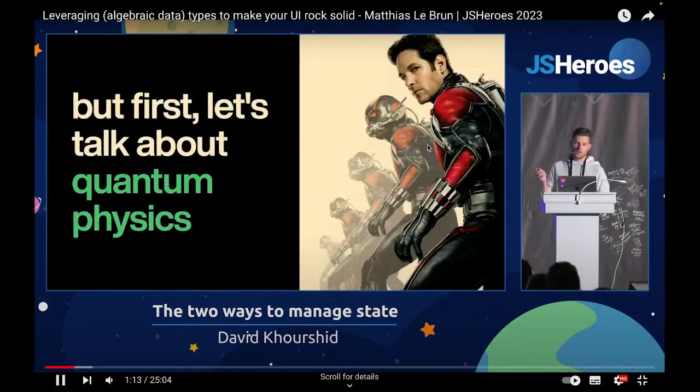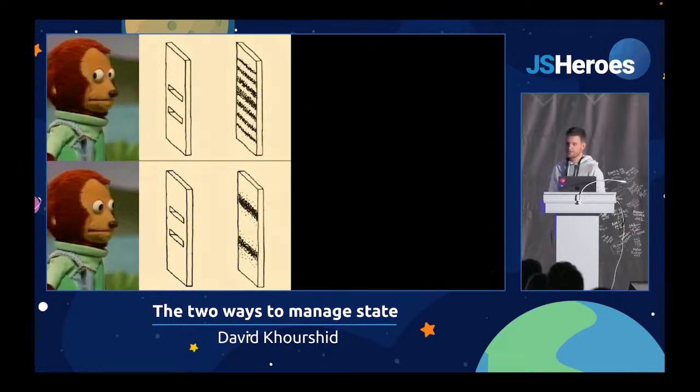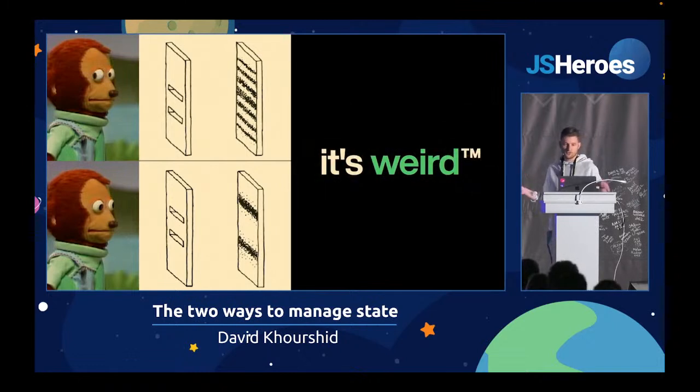I'm sorry about that, but we are going to start with quantum physics, quantum mechanics. What is quantum physics? My scientifically accurate description of it is that it's weird. I think it's the official stance on that.